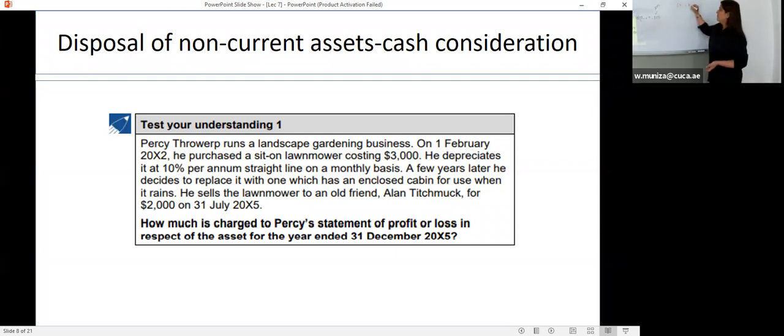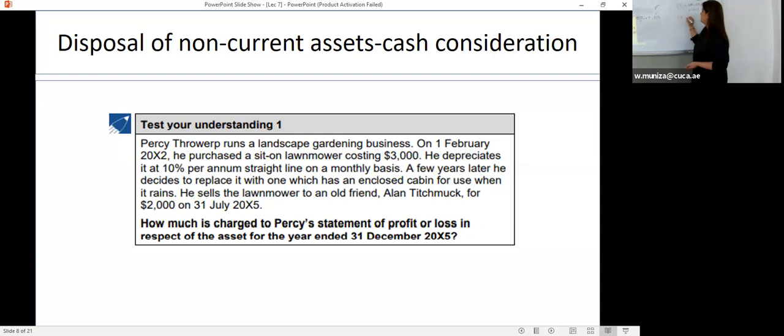So cost will be 3000 minus accumulated depreciation. How much was for the previous year? 275. How much for this full year? 300, 3000 multiplied by 10% for the full year. So how much is going to be the carrying value, students? 2425. This is at 31st December 2003.